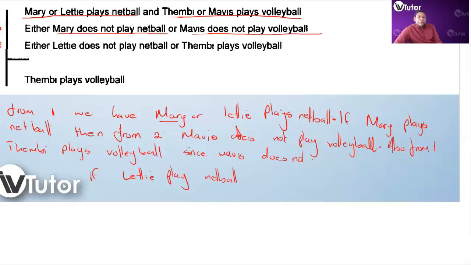If Letty plays netball, then from 3, Tembi plays volleyball. Why is that the case? Simply because we know Letty plays netball, and this one says Letty does not play netball or that.